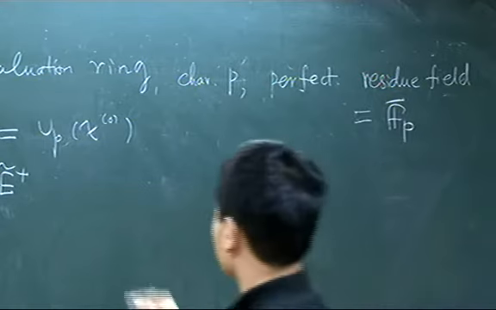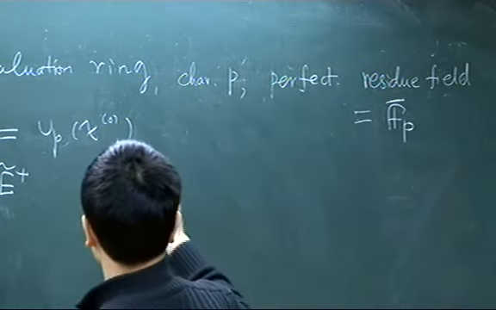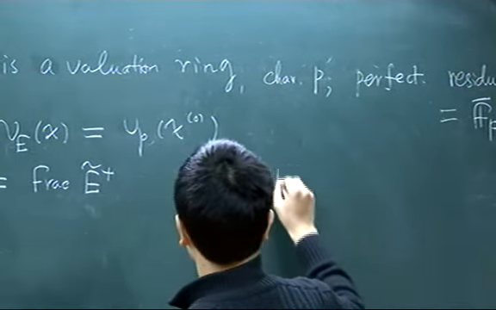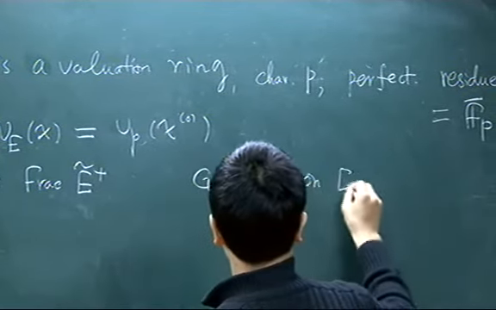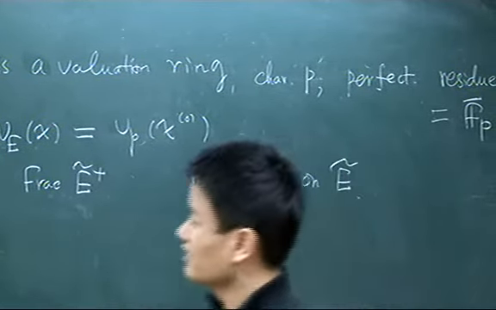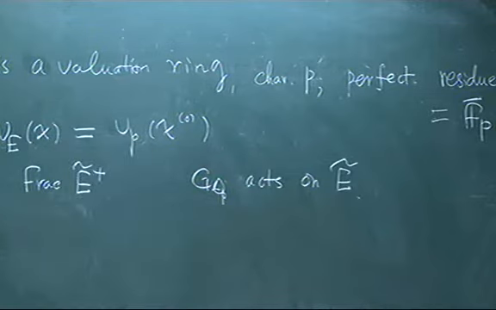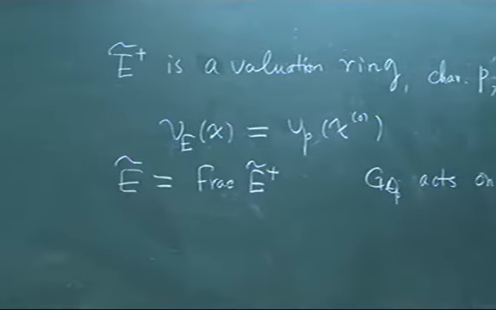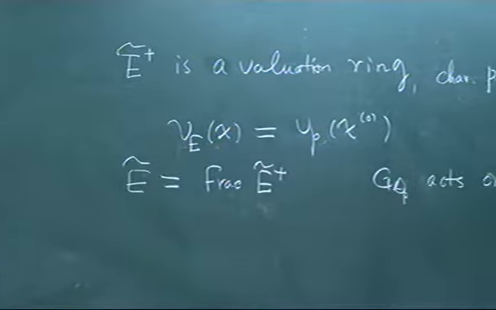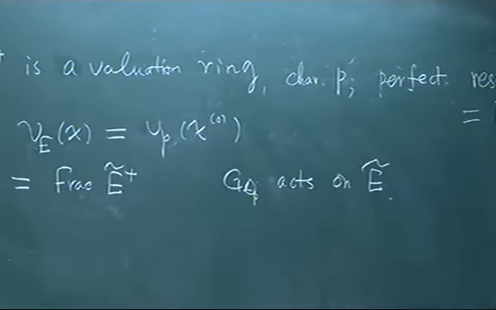And also we have G_{Q_p} acting on E tilde. You can act on this element because you can use O_{Q_p bar} over O_{Q_p bar}, and it's actually componentwise. So you can act on this.